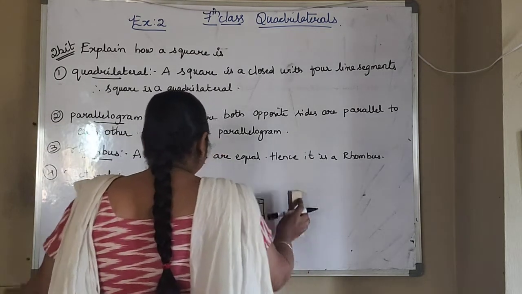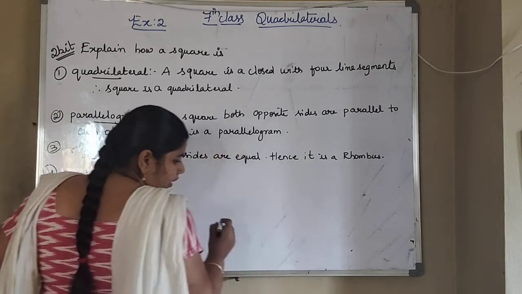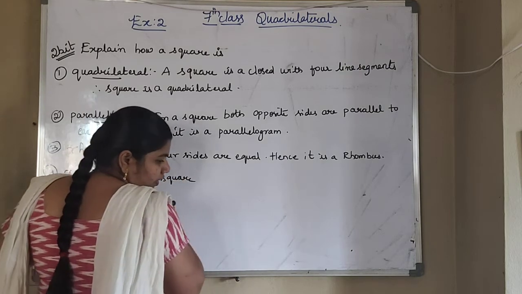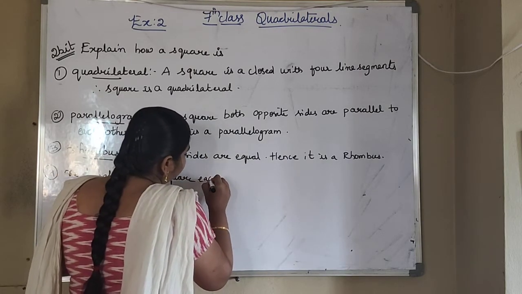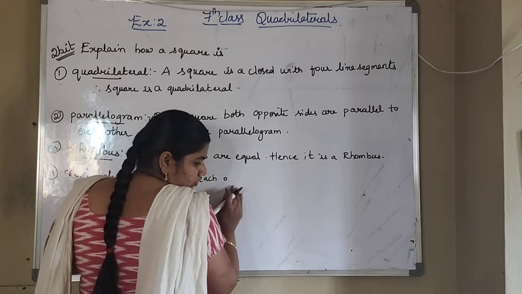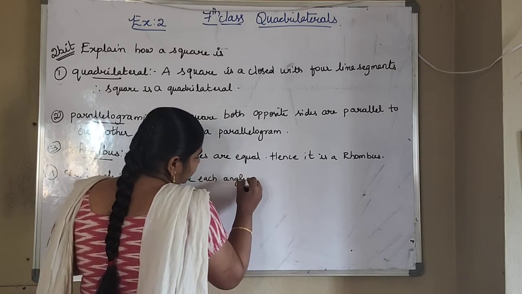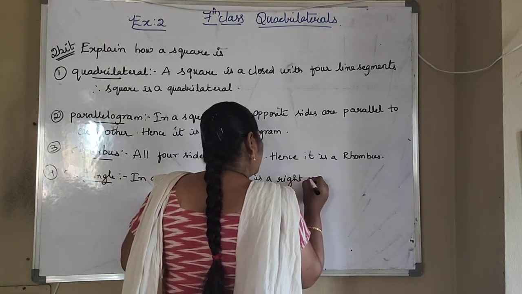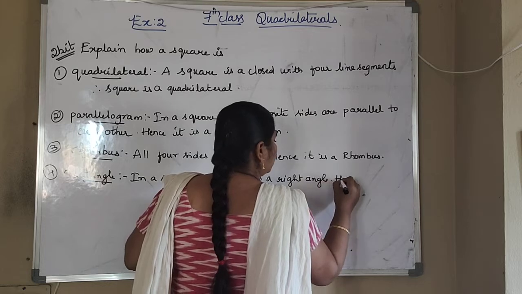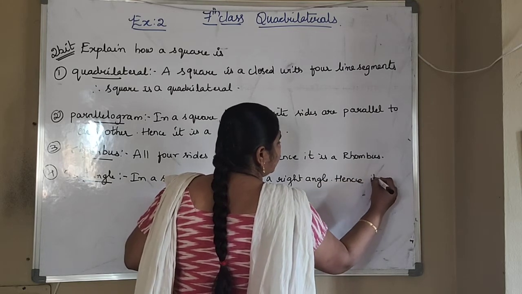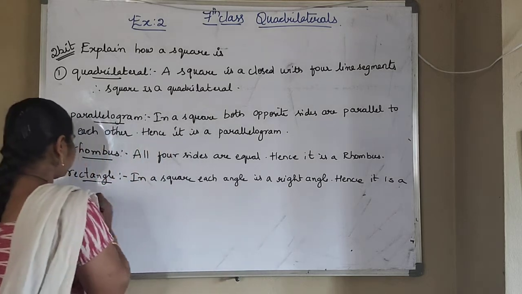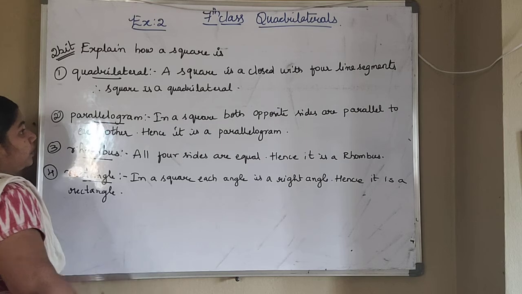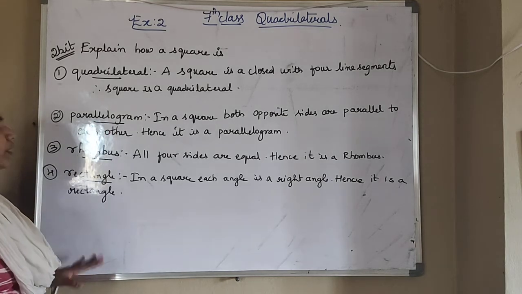Okay, so now, in a square, each angle is a right angle, hence it is a rectangle. So this is our second bit, we just have to give the reasons.